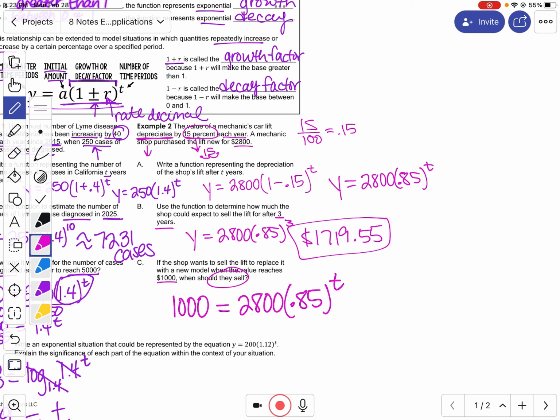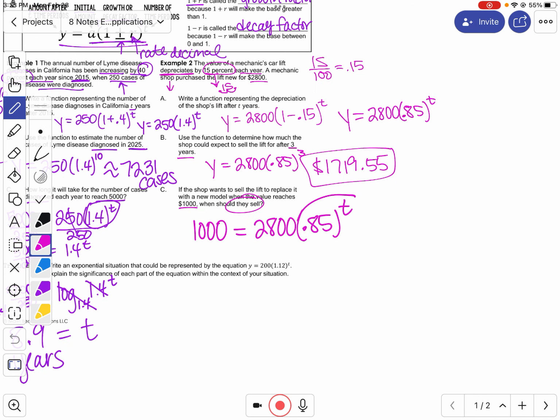How long would it take to reach $1,000? So first step is to isolate my base and exponent. Again, you're welcome to reduce that fraction or just leave it as is. It doesn't really matter because you're going to be plugging it in the calculator.